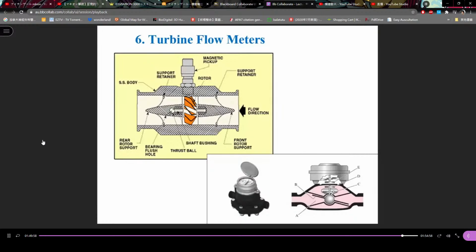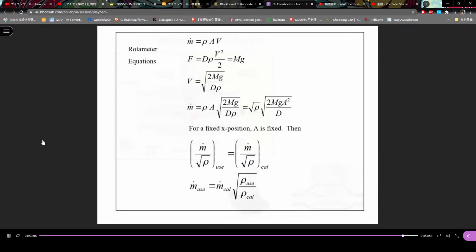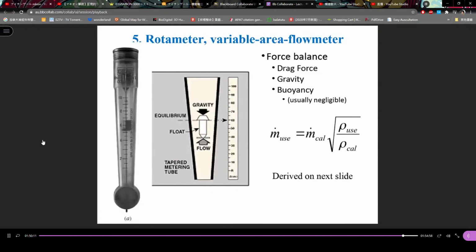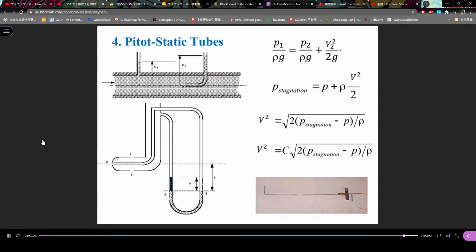For small water pipelines, home water supply, or gas supply, usually they use a turbine flow meter, very reliable. For laboratory small flow measurement, not accurate measurement, you can use a flotometer, or sometimes we call it a floating meter. And for building service engineering measurement, especially air ducts, we can use pitot-static tube measurement.